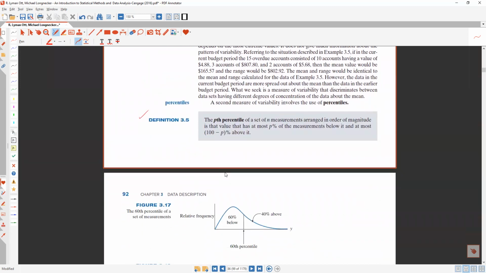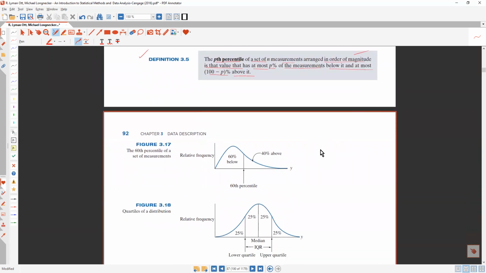Well, let's just make a quick pit stop here and talk about the percentile. So the percentile of a set of n measurements arranged in order of magnitude, again, put it in the order of magnitude, is that value that has at most p% of the measurements below it and at most the balance of that above it. So we know what a percentile is, even before studying any of this.